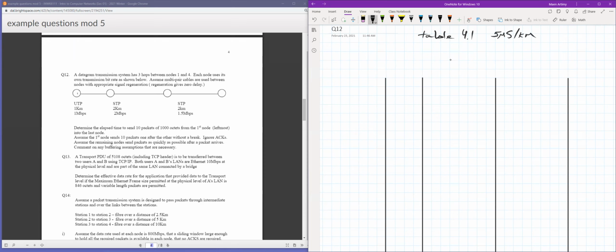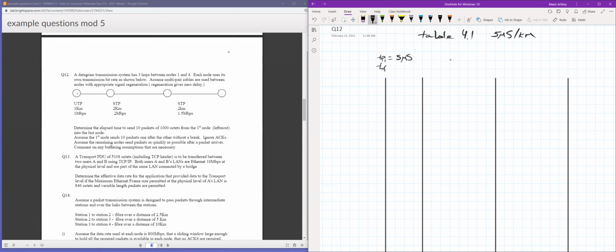Okay, and since we have 1 kilometer between node 1 and node 2, the propagation time for the first hub, TP1, is 5 microseconds.